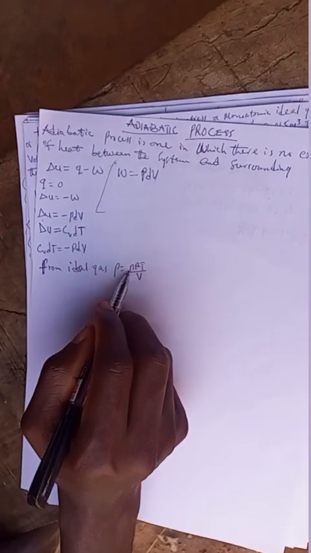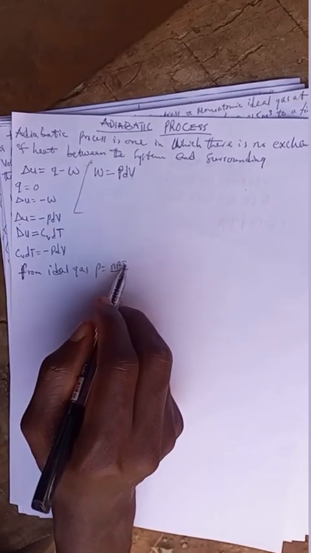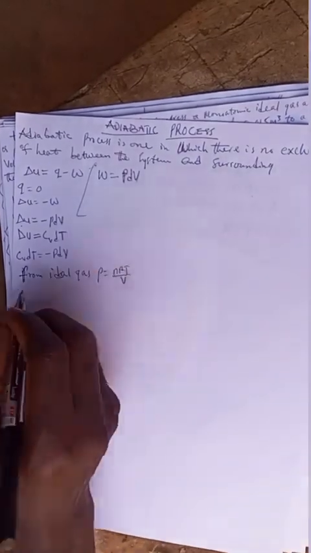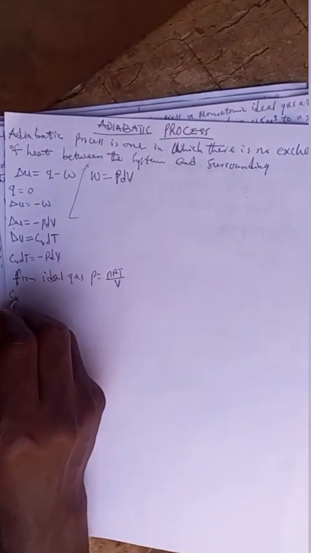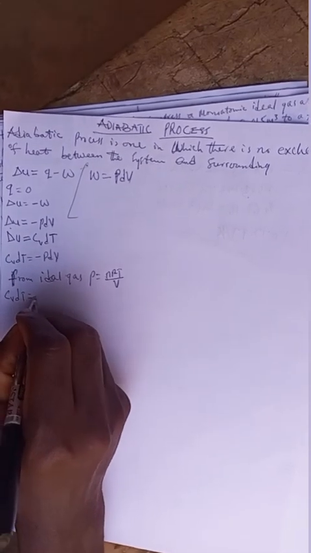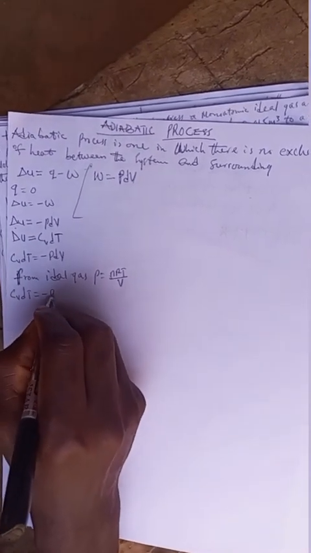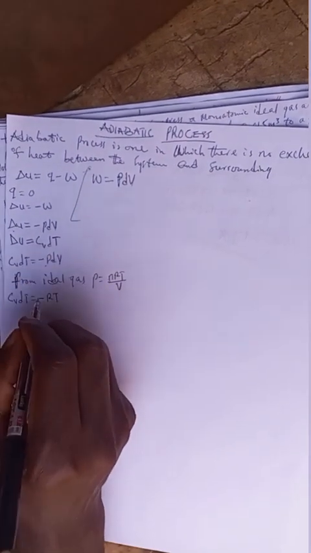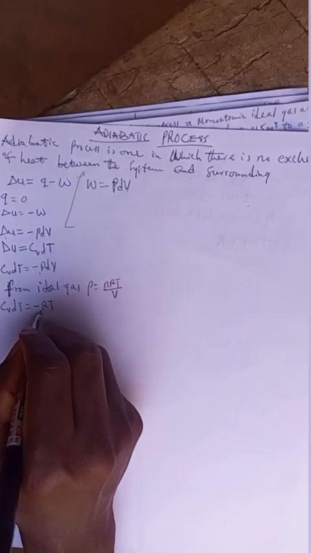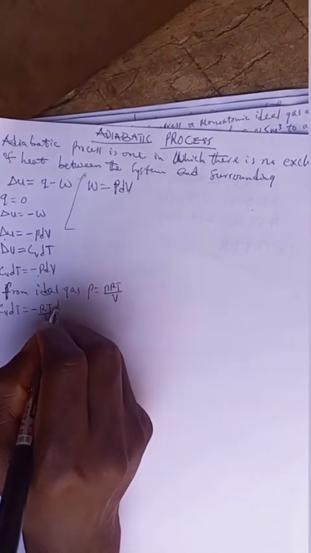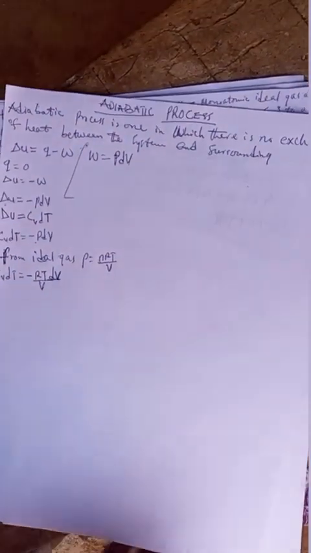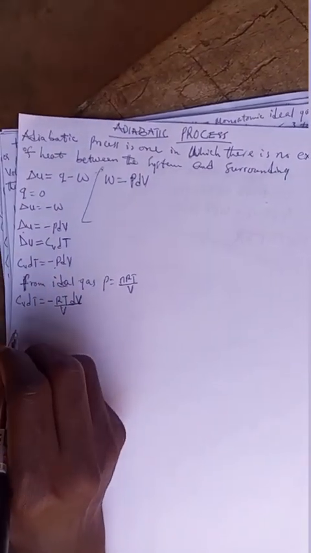If the number of mole here is 1, that will be P is equal to 1 times RT over V. So we can now say CV dT is equal to minus RT over V dV, because I have already substituted for P here now. You can start naming your equation as you like, Equation 1, 2, to any place that the equation will end.